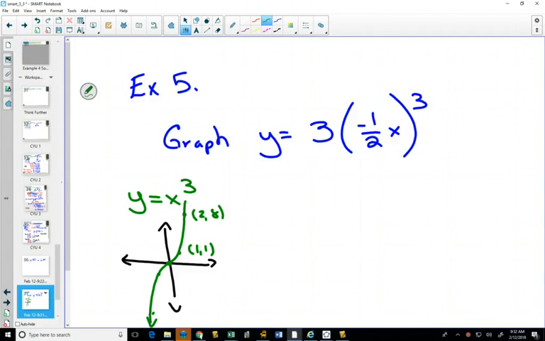And this is the shape of my x cubed graph. Key points: 0, 0 is also a key point, -1, -1.